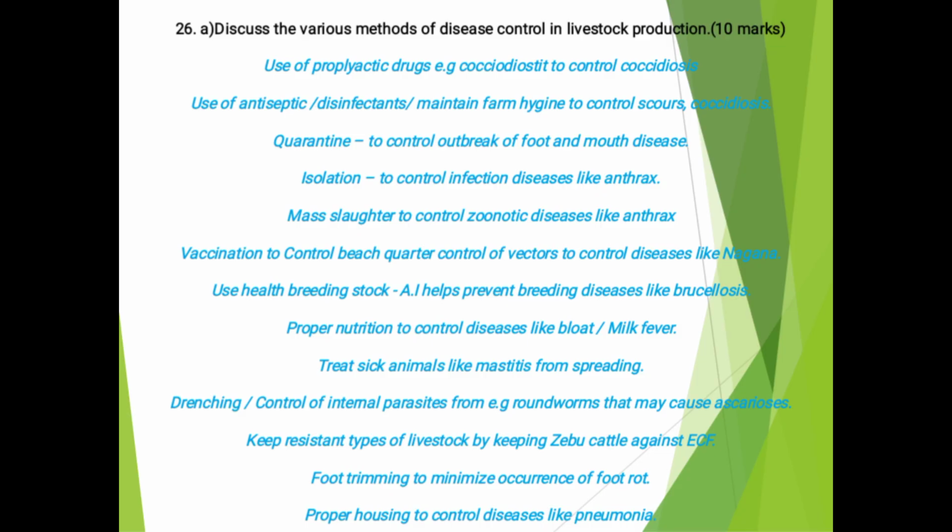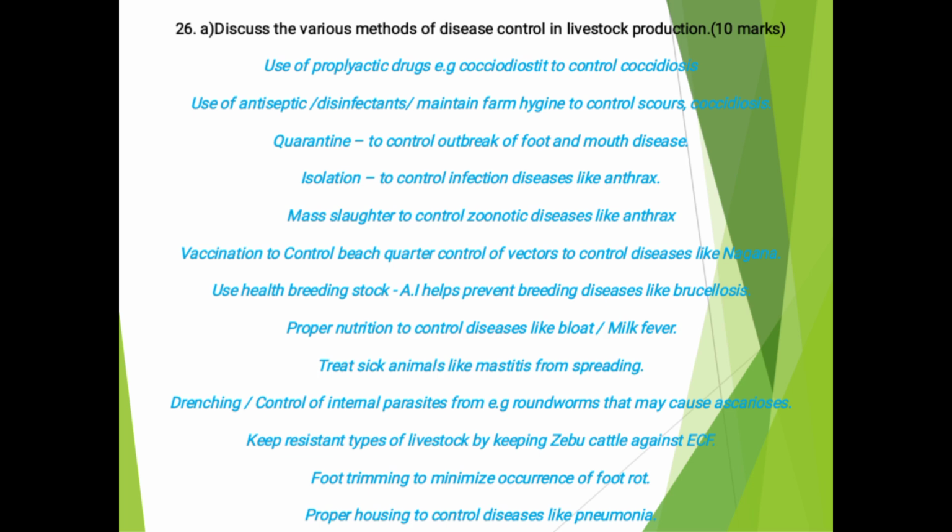Now, remember when you talk of quarantine, you are preventing the disease from reaching your animals. But when you talk of isolation, the disease already is in your farm. So you are only separating those that have been affected from those that have not been affected.